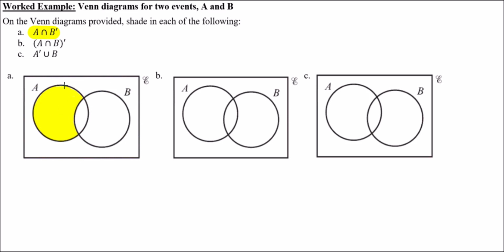For part B, we've got A intersected with B in the brackets. So A intersected with B, like we said before, that's just where A and B are together at the same time. It means the overlapping bit where A and B overlap each other. These two circles overlap here, so A intersected with B is this region, like so. But because it's all of this stuff in brackets, it means we want this not.